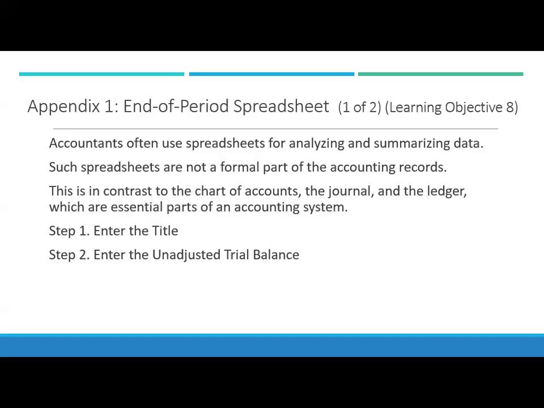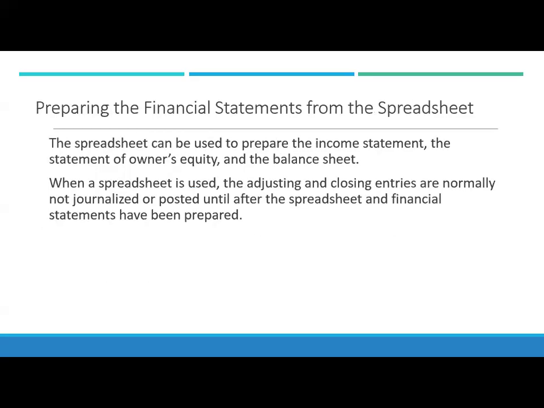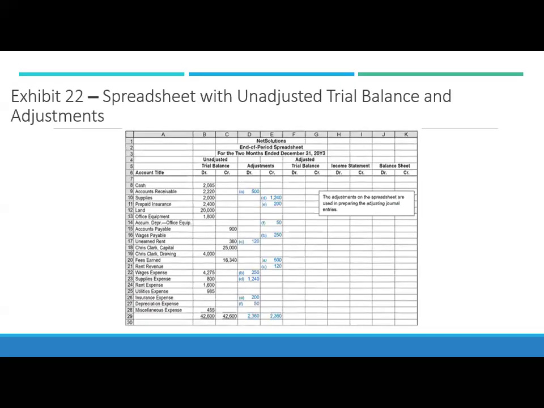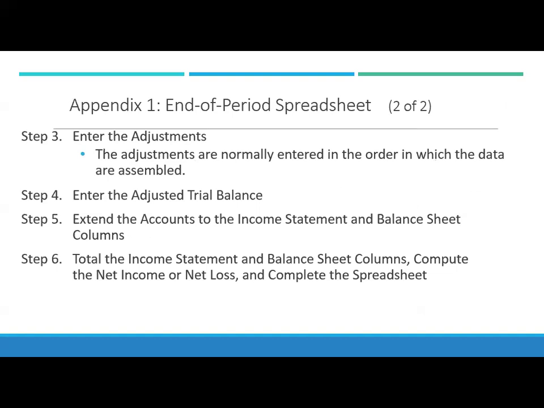It's just helpful, right, to organize and understand. And so what we do is we put the unadjusted trial balance with all of the ending balances for the period, and then we gather all of the information for the adjusting entries.